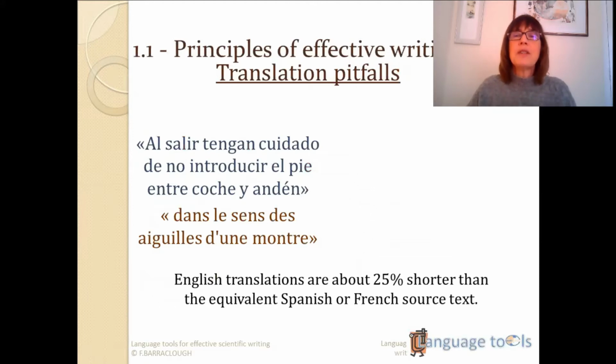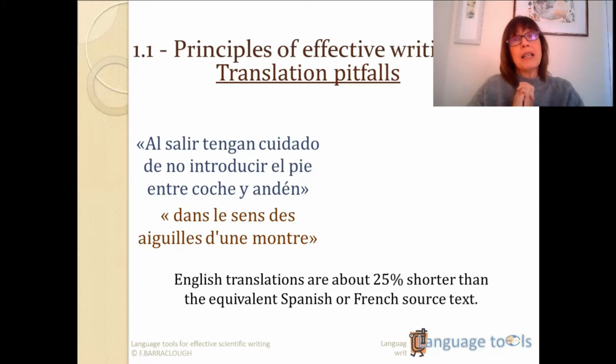So just to start off with, as I said, this course was conceived within the context of English as a foreign language. And therefore, one issue that we need to have a look at just to begin very briefly is this question of translation pitfalls.